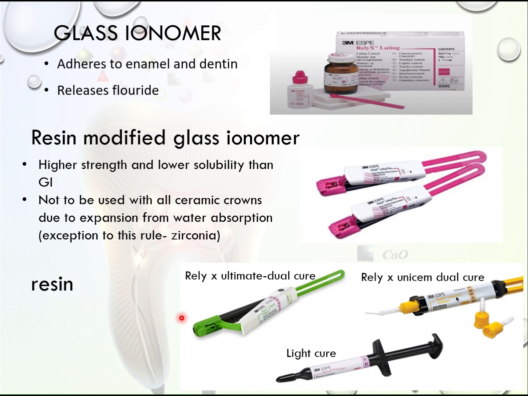Then again in resin, there are different types of cements, which are dual cure and light cure. In dual cure, we have something called Ultimate and Unicem. This is all based on the curing property and different composition of the composite.